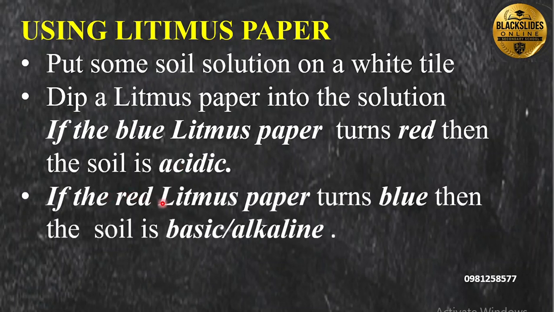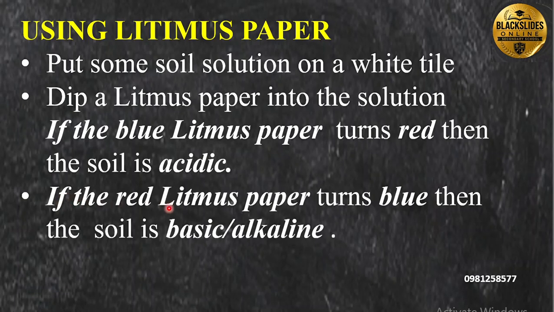But if the red litmus paper, take note, we are switching between using blue litmus paper and red litmus paper. So first you dip whichever you start with, it's okay, the order doesn't matter. If the blue litmus paper is the one you start with and you observe that it turns red, then the soil is acidic.